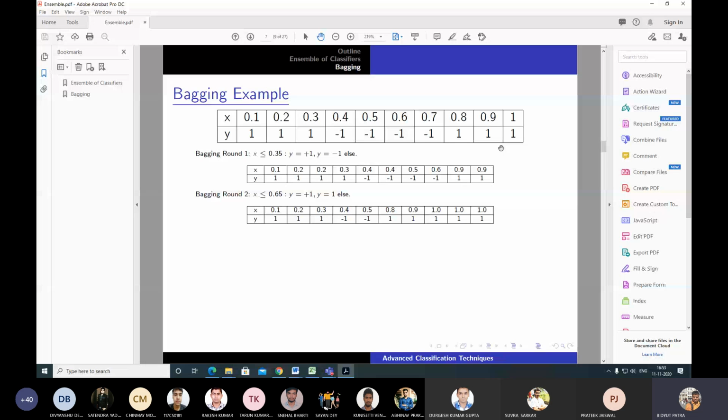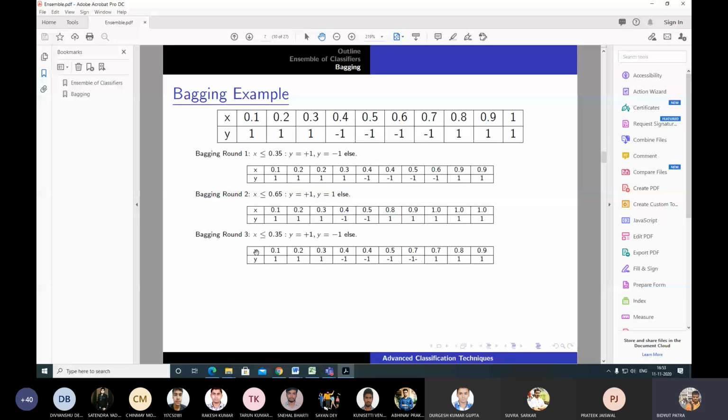So you will get two errors. Essentially, no decision stump can find 100% accuracy, even for this data set. Okay. So that is not the question. The question is that originally, for this data set, you cannot find a single decision stump. Now you go for the third round of bagging. In the third round of bagging, you got a data set like that.